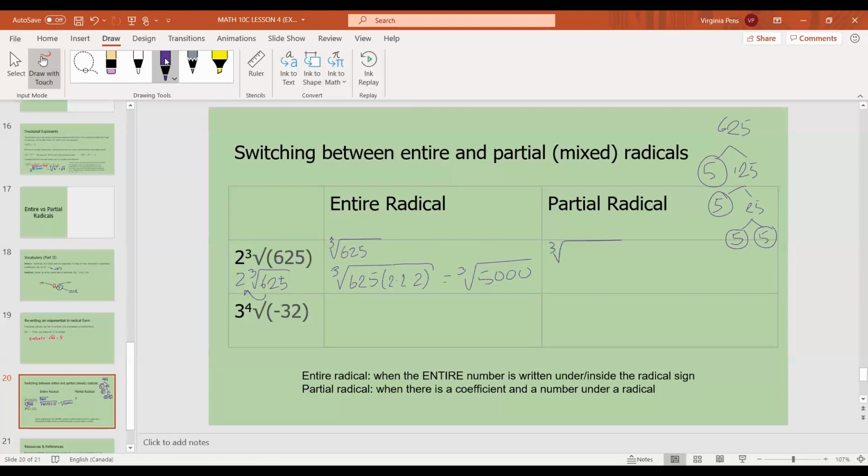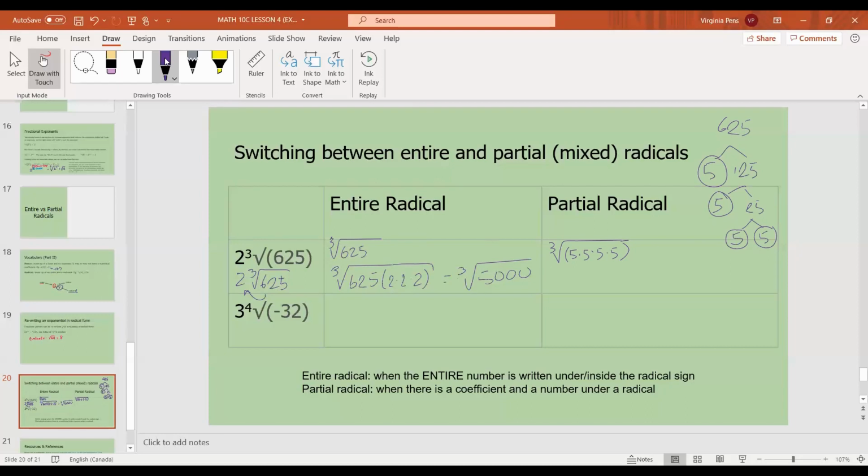Let's write this out. This is the same as 5 times 5 times 5 times 5.